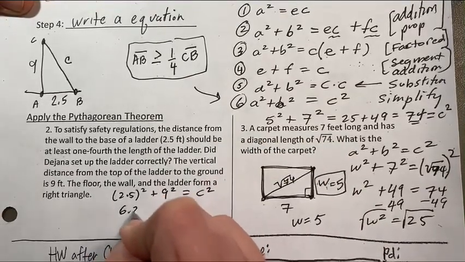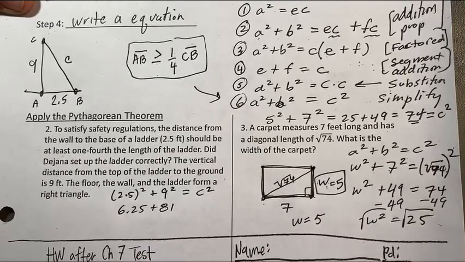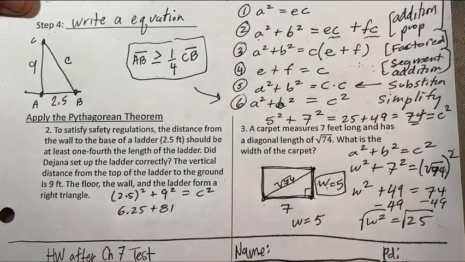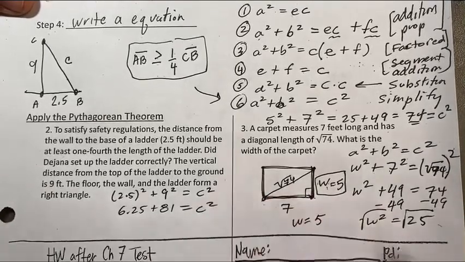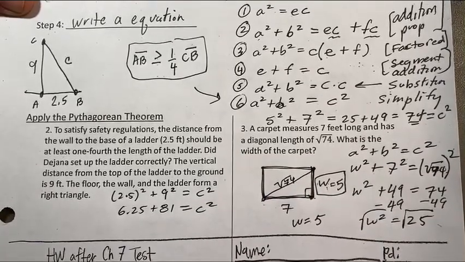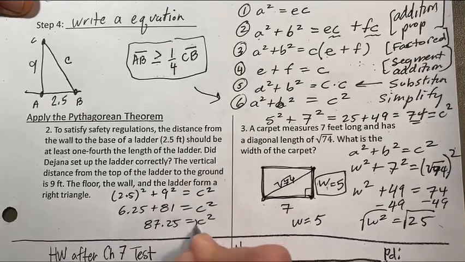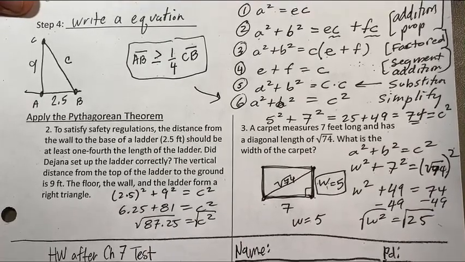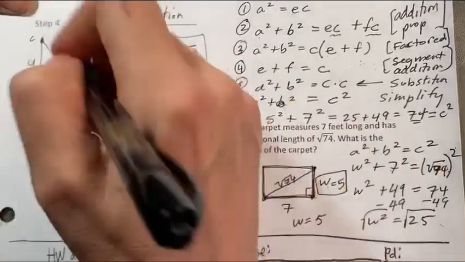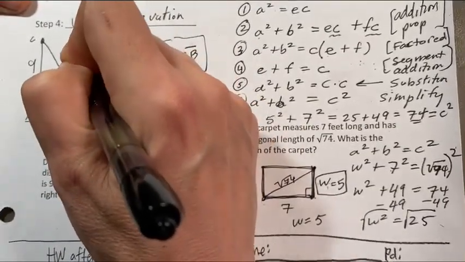So that's 6.25 plus 81, and we get 87.25. Now that's not our answer. We have to take the square root of both sides. We take the square root of that, and we get C is equal to 9.34 approximately.